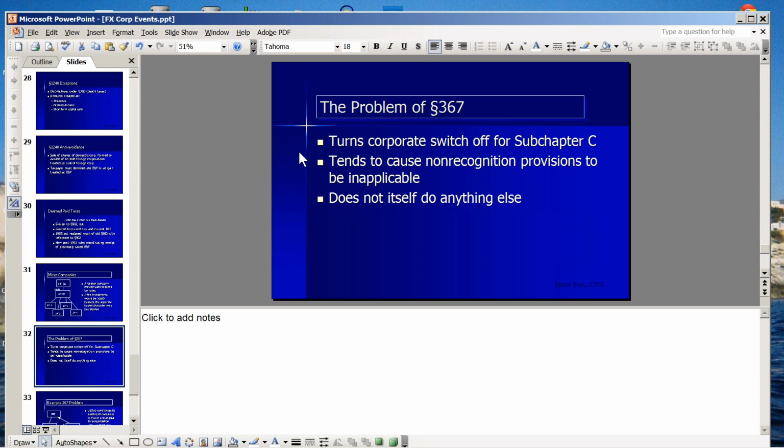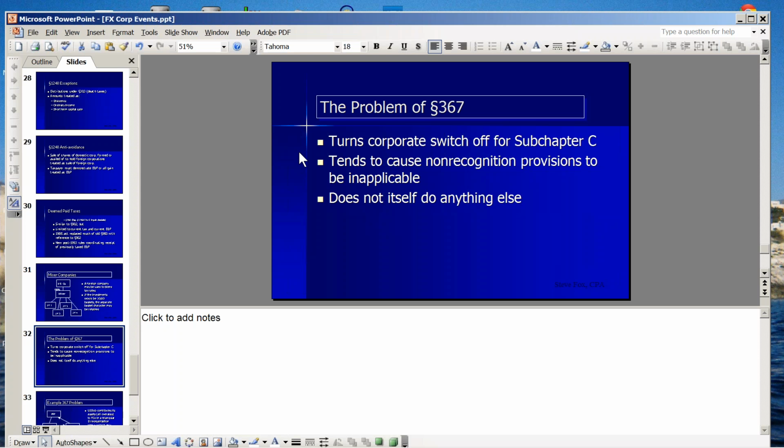367's basic rule says that for certain kinds of corporate events, if the regulations don't provide otherwise, the entity that you're seeking to treat as a corporation is not a corporation, and sub-C doesn't apply. For other kinds of transactions, it says if the regulations don't say otherwise, then sub-C does apply.